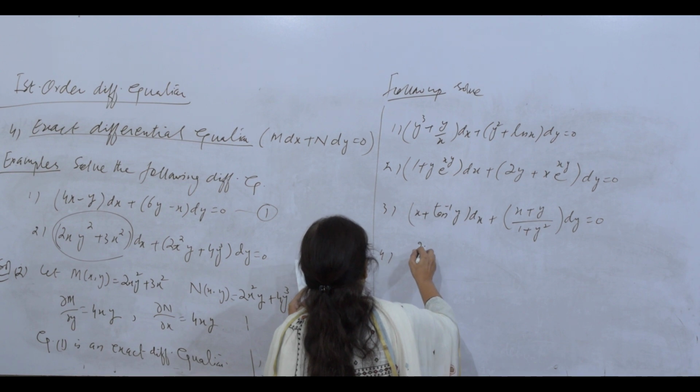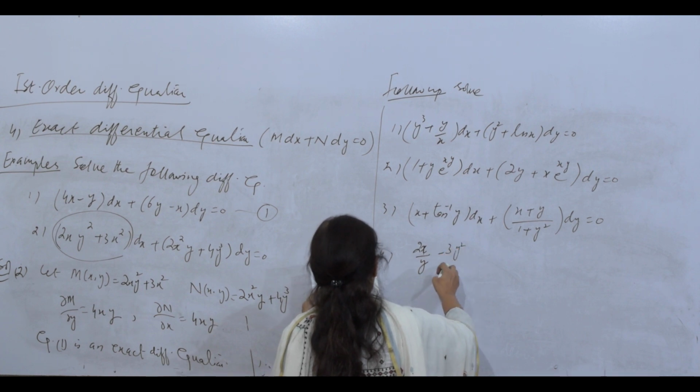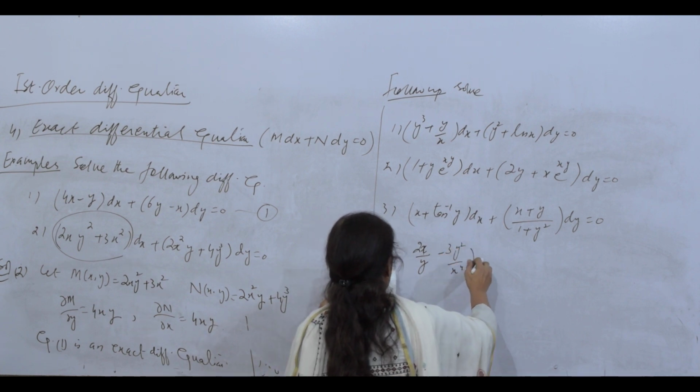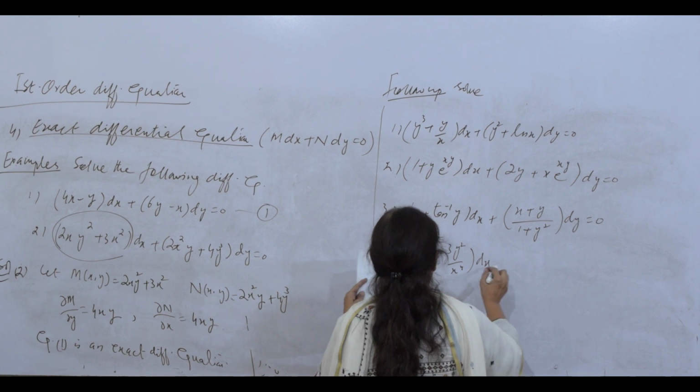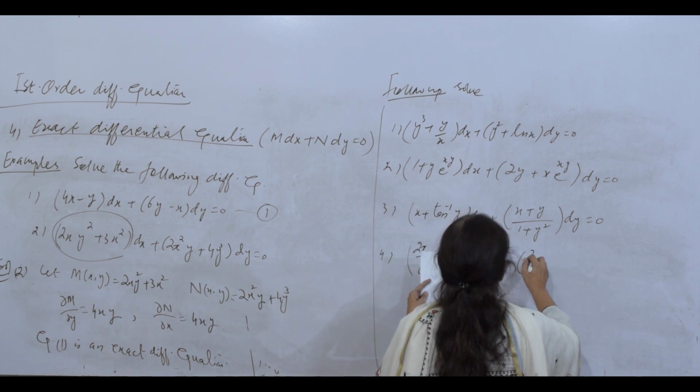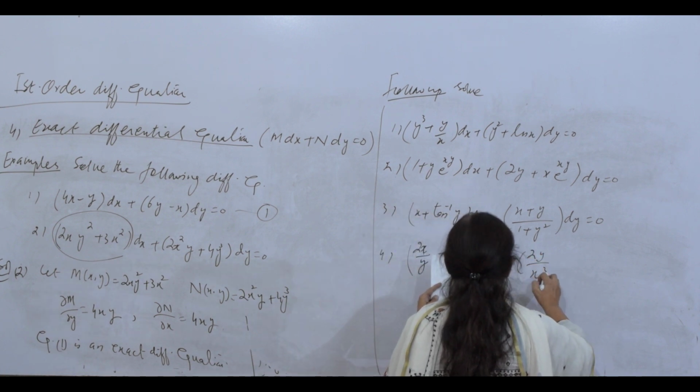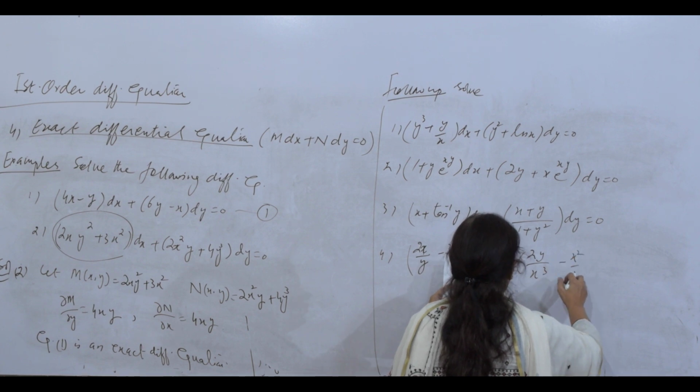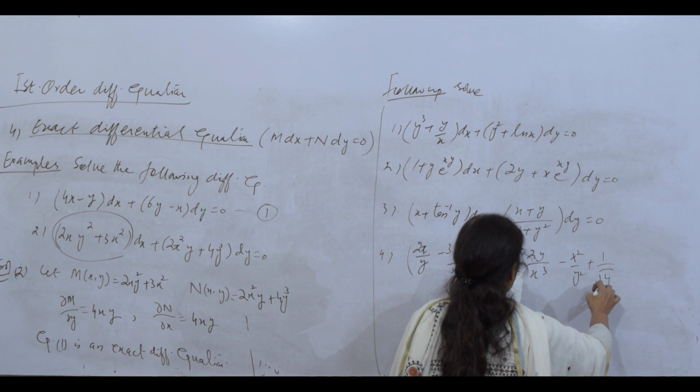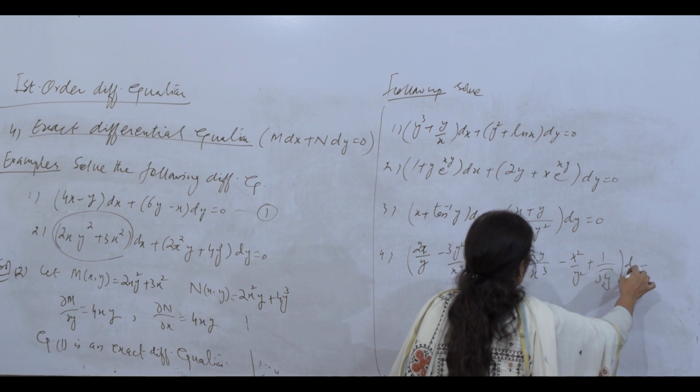Fourth, (2x over y minus 3y square over x to the 4) dx plus (2y over x cube minus x square over y square plus 1 over square root of y) dy equal to 0.